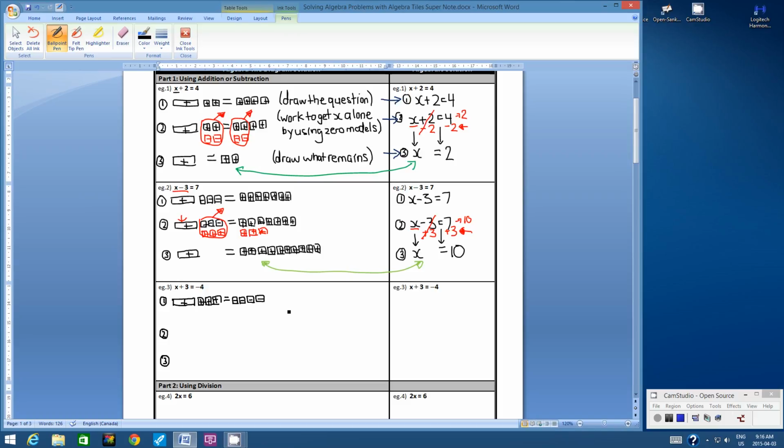Okay, step 1 for the tile diagram solution is we draw the question. We have x plus 3 equals negative 4. Step 2, we copy the question.